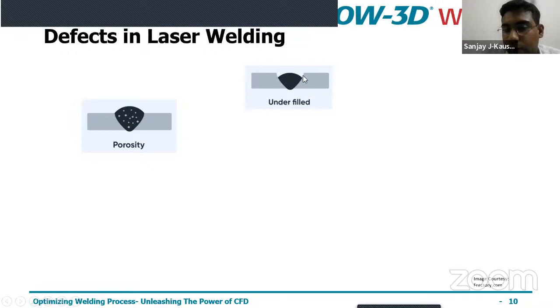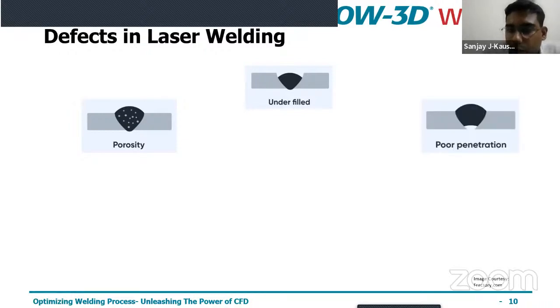This doesn't completely fill up the gap between the two metals, and this causes poor strength between the two joints and results in cracking or deterioration in a very fast way. And we have poor penetration, where the liquid metal doesn't reach the depths of the gaps that are there, and this also leads to poor strength of the joints.